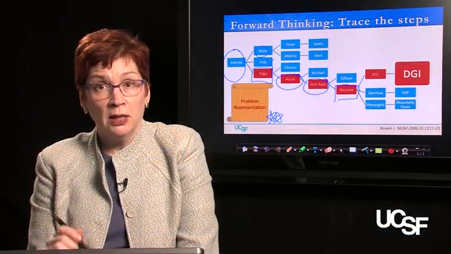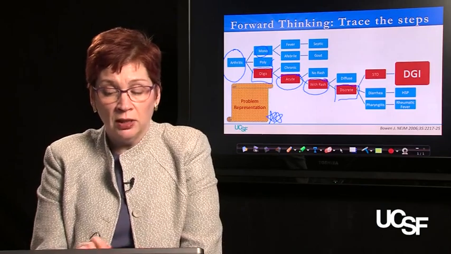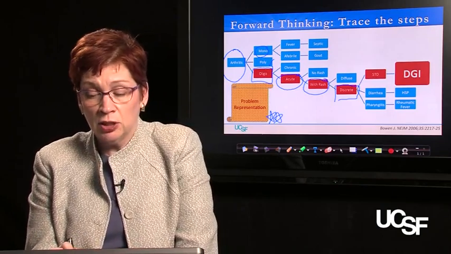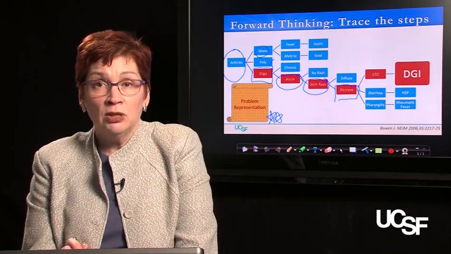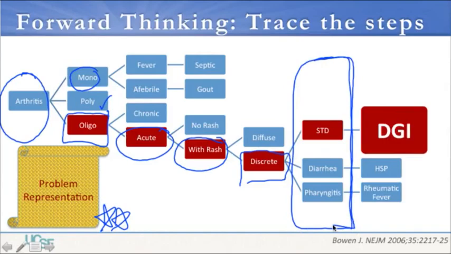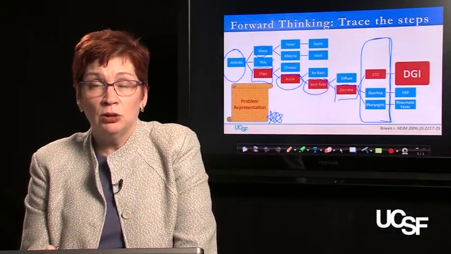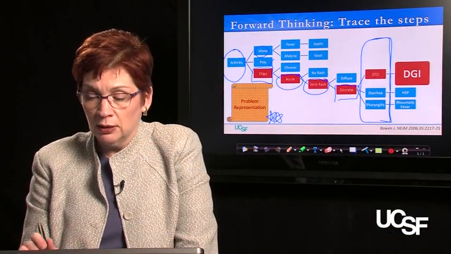And with that, because I know that patients who have acute oligoarthritis with rash, especially discrete rash, can be associated with a small set of diseases that I know from my previous reading. It could be a sexually transmitted disease, a diarrheal disease, or pharyngitis like Jeremy had. And each of these might lead me to a different set of differential diagnoses.